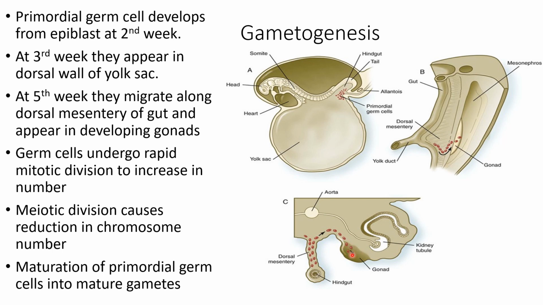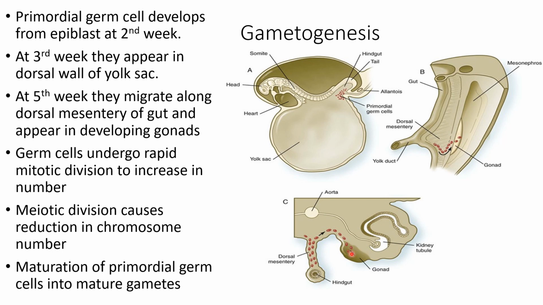Now, when the germ cells reach the developing gonads, initially they will undergo rapid mitotic division so that there is increase in the number of germ cells. These germ cells have diploid number of chromosomes, meaning 44 autosomes and 2 sex chromosomes are present initially.